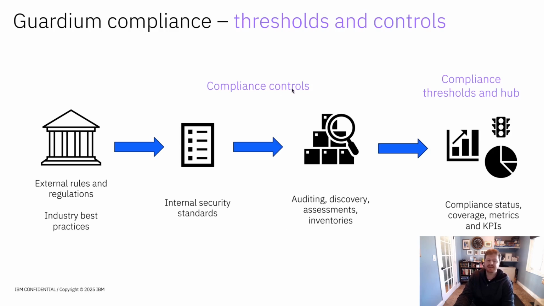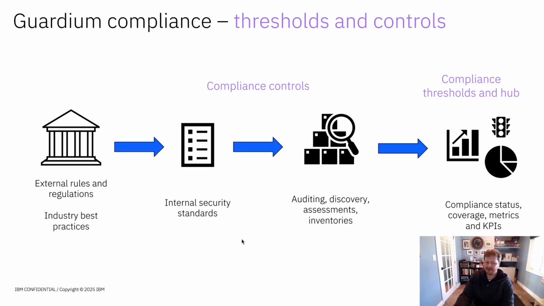What we built is some additional features to help with before you get to Guardium, and after you've used the core functionality of Guardium to help with compliance. So compliance controls helps you define a mapping between what your requirements are and what was implemented within Guardium. That metadata mapping's quite useful.